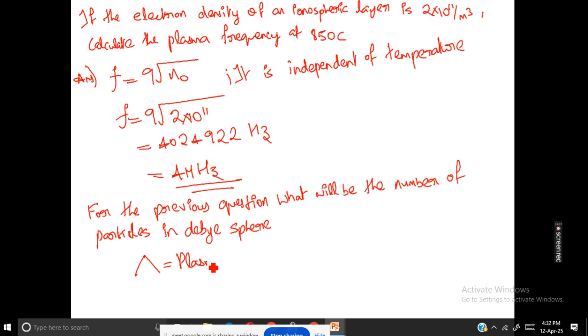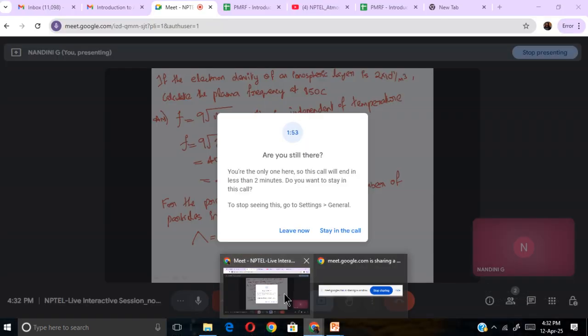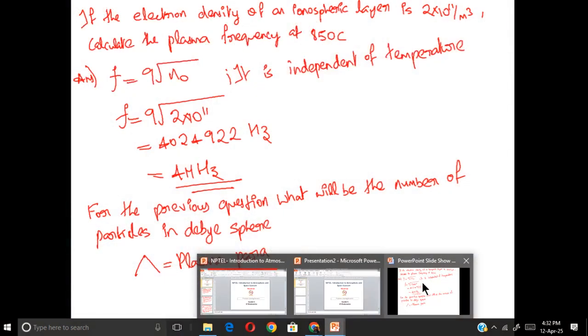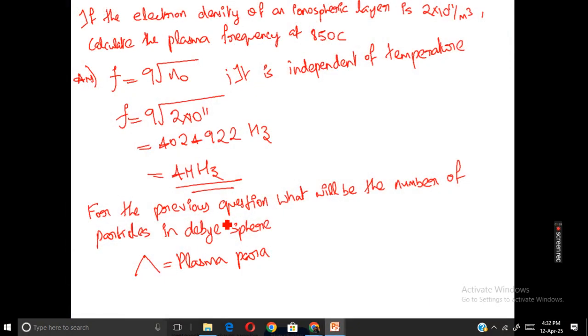This is known as the plasma parameter. It basically gives you the number of particles in the Debye sphere.